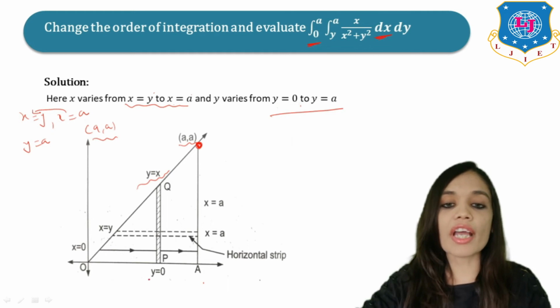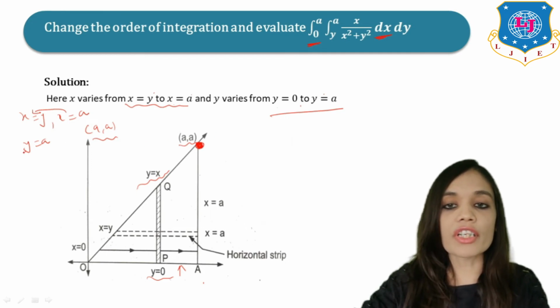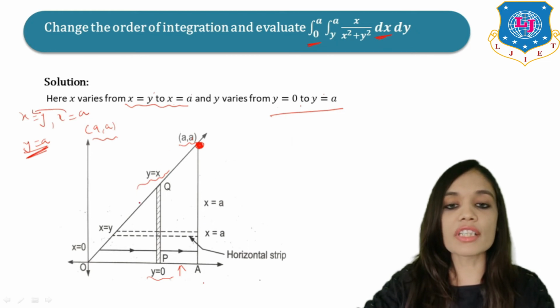But this is your x-axis, right? And y is equal to a, that we have already taken over here because in the point of intersection we have our line y is equal to a also, right? So no need to draw that. Now from the intersection of all these lines we can say that this is our region R.